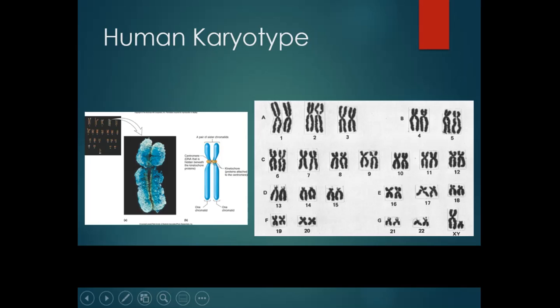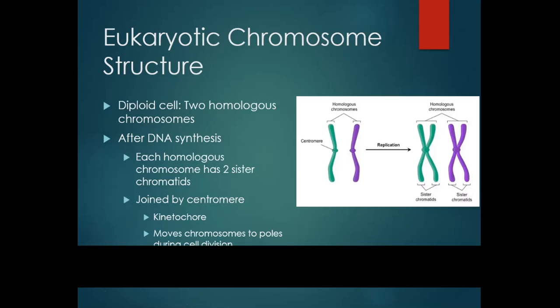So if you have a heterozygote, big A, little a, each of the sister chromatids from this chromosome should have the big A's. Each of the sister chromatids from this chromosome should have the little a's. Okay? That's really important to understand. And the meiosis thing that we do today will basically talk about that.